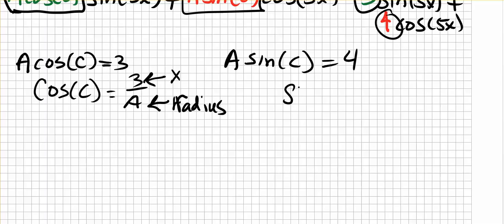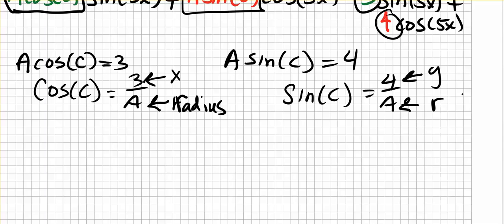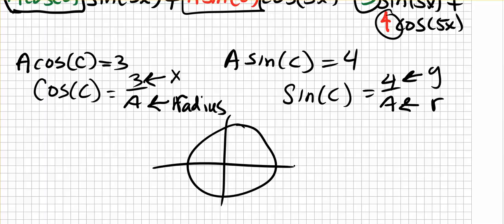And doing the same for the sine of c, we get 4 over a, and this was our y term, and this was the radius of the circle. So drawing our circle, both our x term and our y term are positive, so we're in the first quadrant. So we have a 3 here and a 4 here.